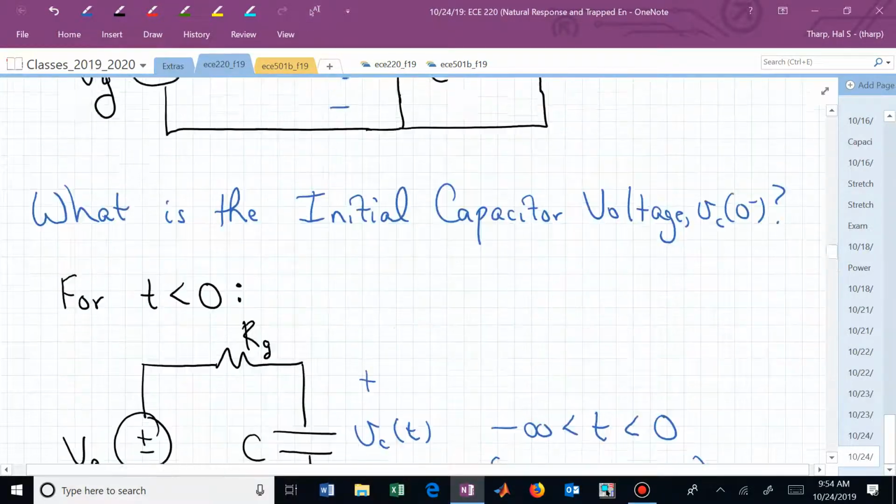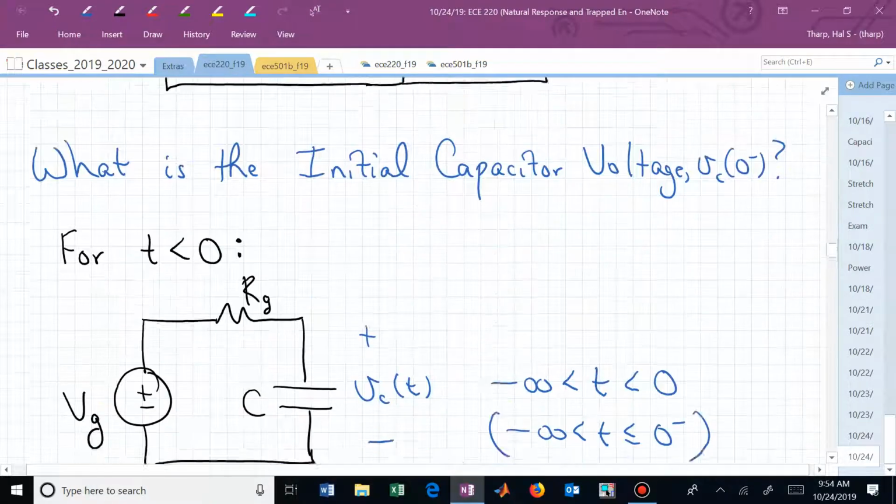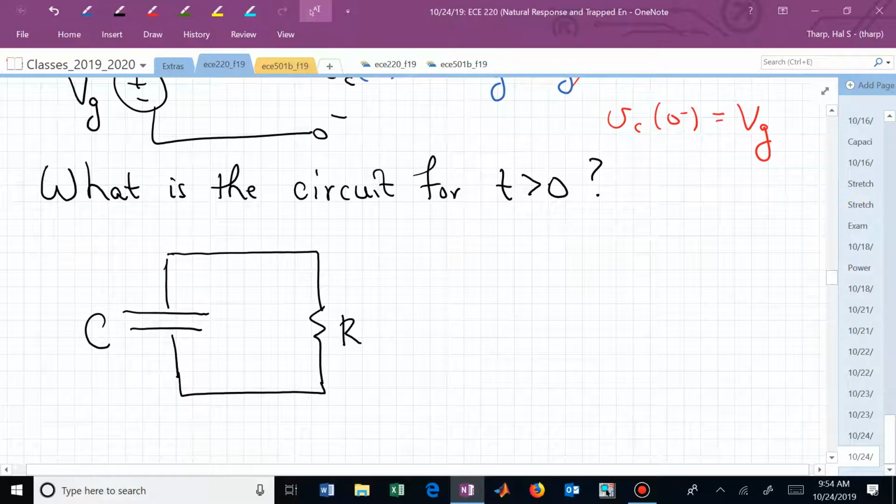After time 0, the switch goes to the right, and now we simply have this capacitor and resistor in parallel. How would we analyze that? I guess we did analyze it yesterday. What equation did we write? KCL or KVL?